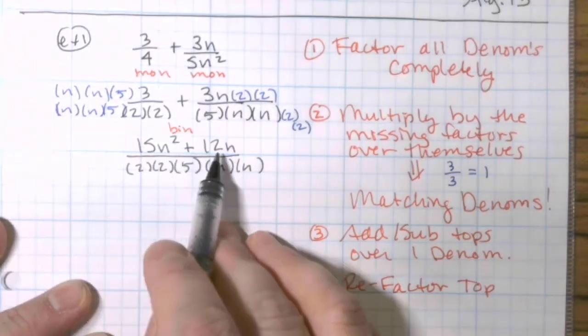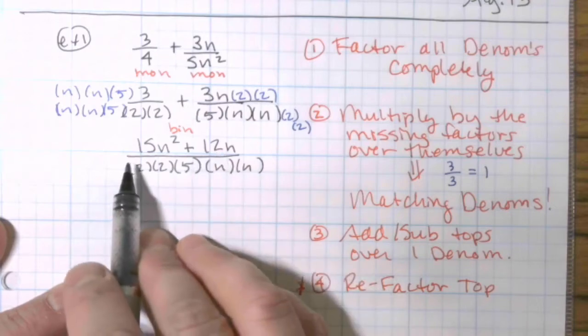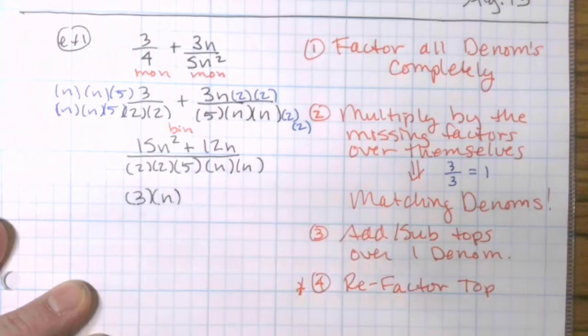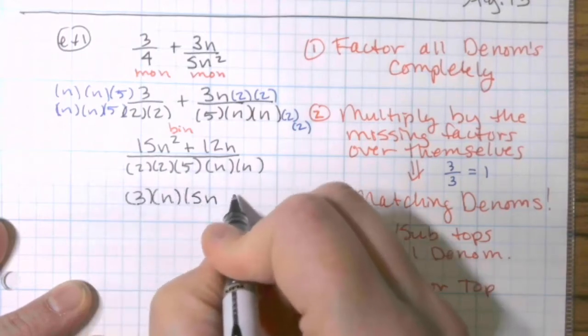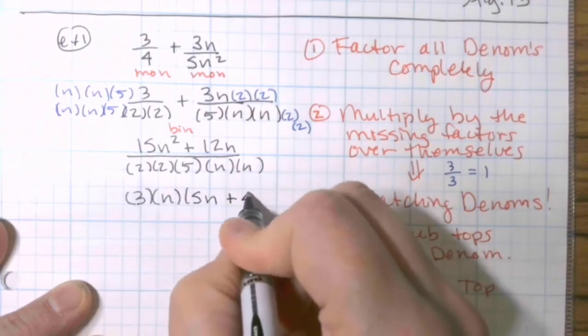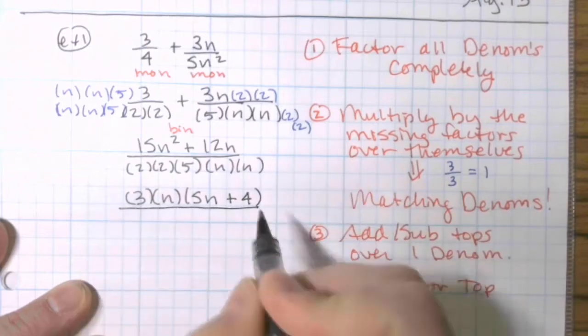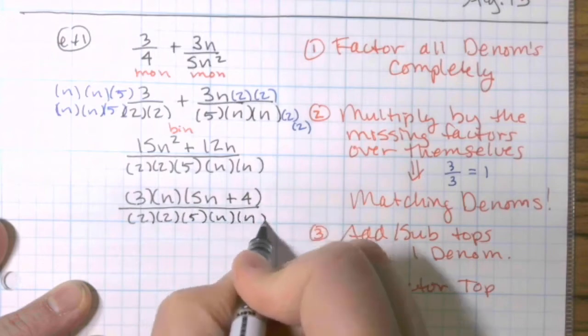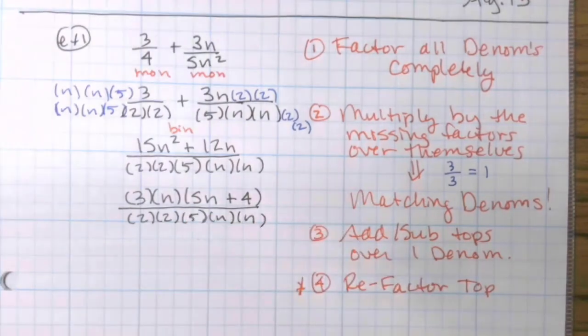I can take a 3 out of both of these, and I can take an n out of both of them. That leaves me with 5n plus 4, and this is over the same denominator. 5n plus 4 does not factor anymore, so we are done. So you refactor the top.